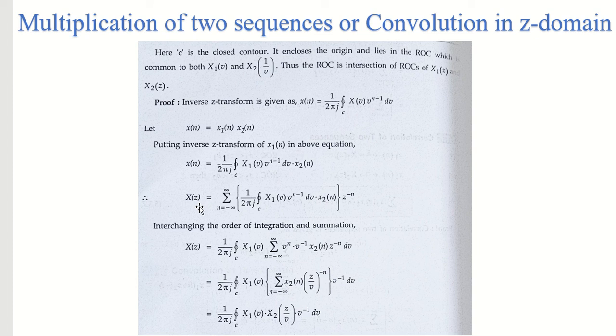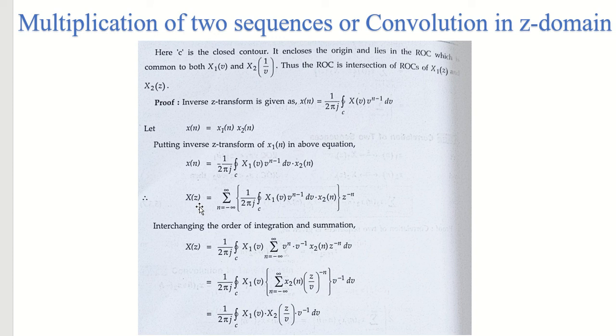So first let's take the constant value outside both the integration and summation. So let's take 1 by 2 pi j outside. Now let's take integration first, and then inside of it we will put the summation. By that we will be simplifying the solution. So we can take the integration outside.